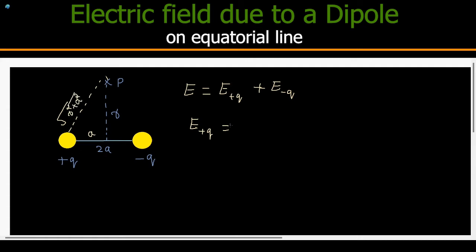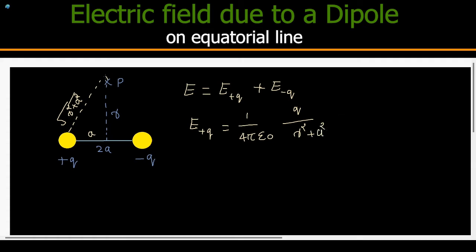So we can write E plus Q as 1 by 4 pi epsilon 0 Q divided by root of r square plus a square, the whole square. Since we are taking the root and the square, the root will cancel out and we get r square plus a square.